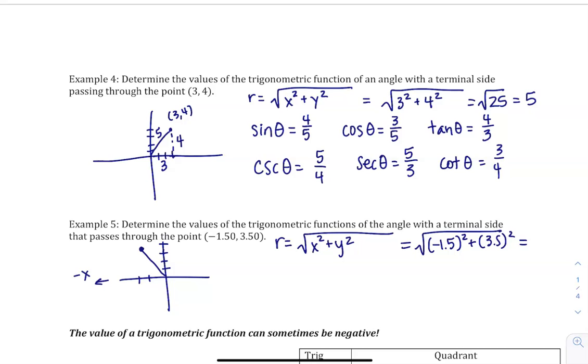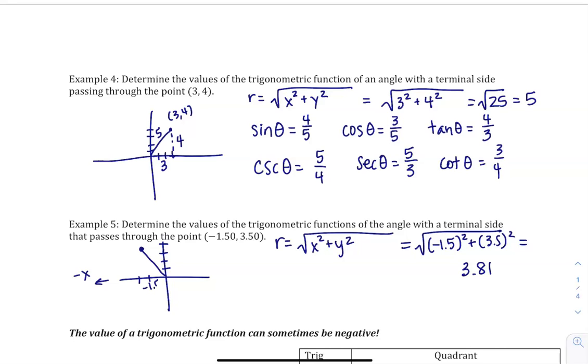It will square the number and then put a negative in front, and that is not going to be the right answer. So you have to put a negative value in parentheses before you square it. So on this one, you should get about 3.81 as your value for r.